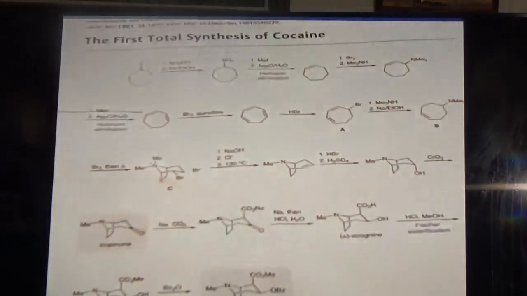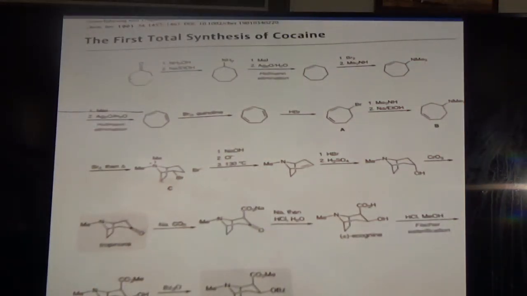Let me present you first with the first total synthesis of racemic cocaine in 1901 by Willstatter, as published in Chemische Berichte in German. So these are the highlights of his synthesis. Those days, of course, all the new chemical technologies were not available. These are all based on old reactions, but this is a very elegant synthesis, even though it involves many steps.